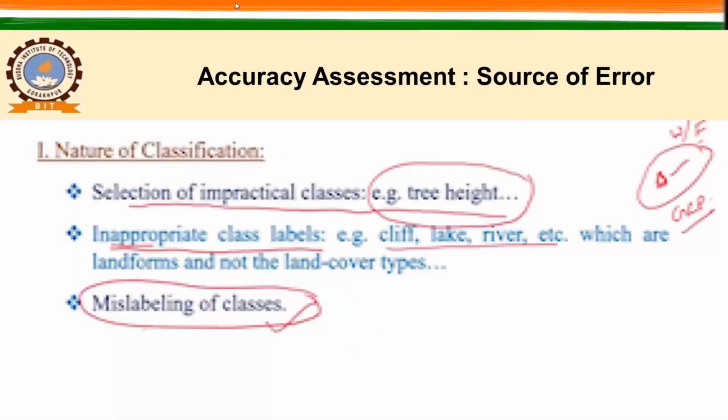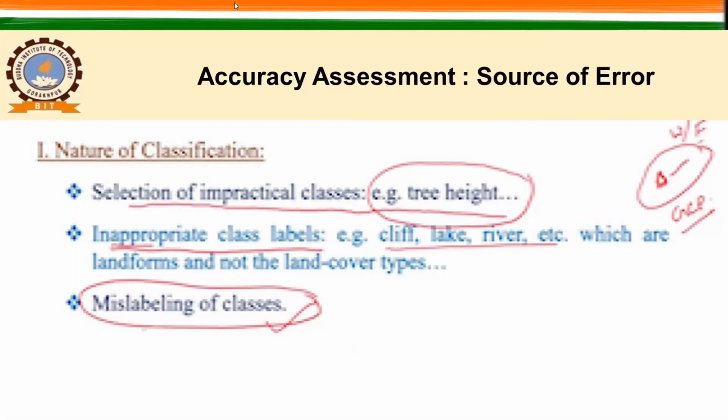Let us see the nature of the classification, right? So here is the selection of impractical classes, for example tree height. So if you have used a ground control point whose location is known, so latitude, longitude is known, but the class information is basically tree height, let us say 100-meter tall tree or 200-meter tall tree, this is not going to help you in the classification.